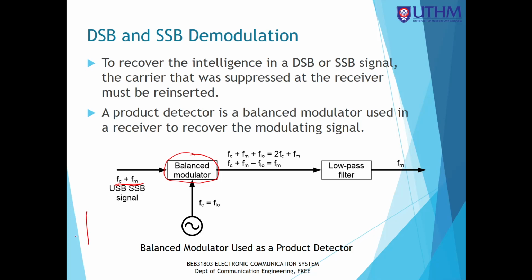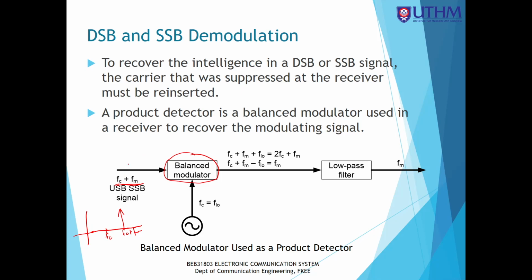In the input you see here is FC, we receive the upper sideband FC plus FM, and there's no lower sideband and no carrier component.